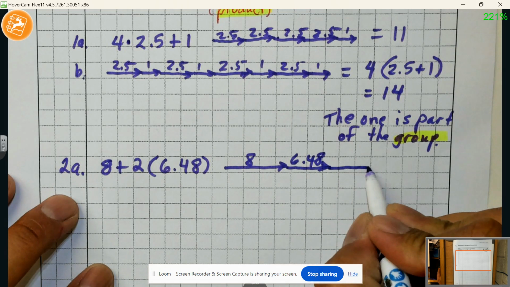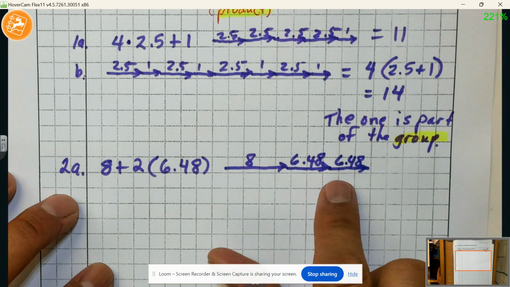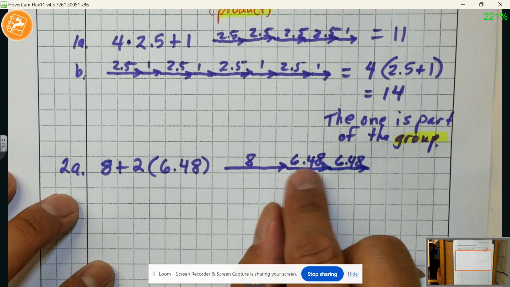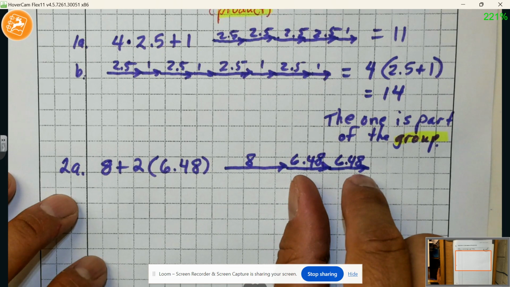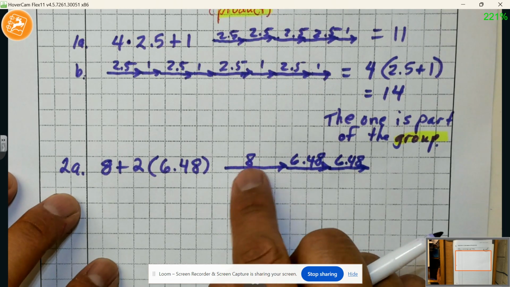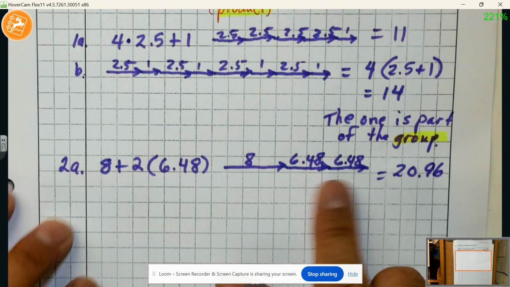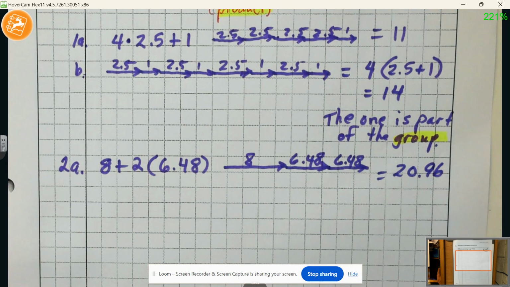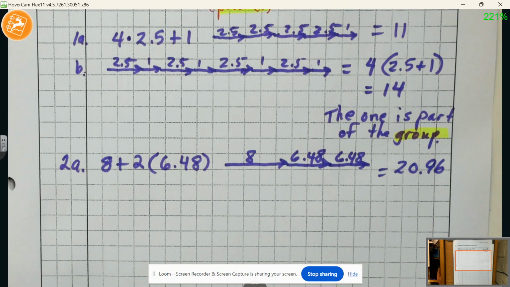So we know what one group looks like. All we got to do is copy that into another group. And now we can add them. Well, 6.48, 6.48. That's 12.96. And then we add 8 more to that, and we get 20.96. So it gives us a little bit easier way to add those visually using a little bit of mental skills.